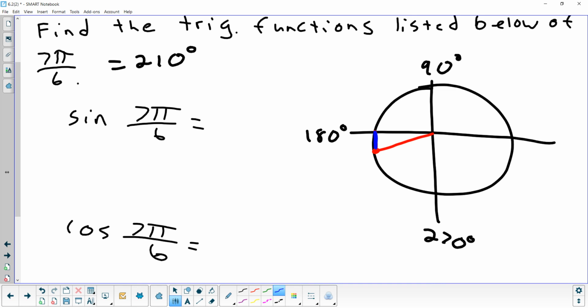How long is a short side in a 30, 60, 90? Okay, we'll worry about the negative in a minute, but that side is going to be 1/2. And how about the long side?